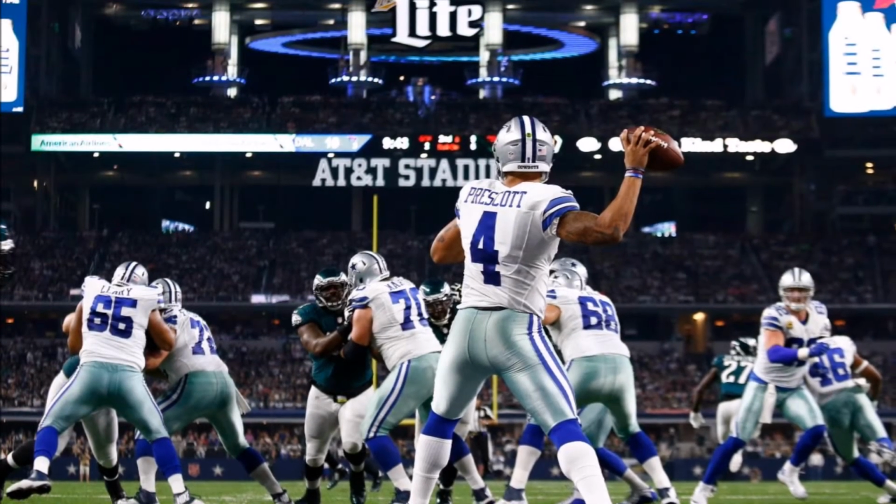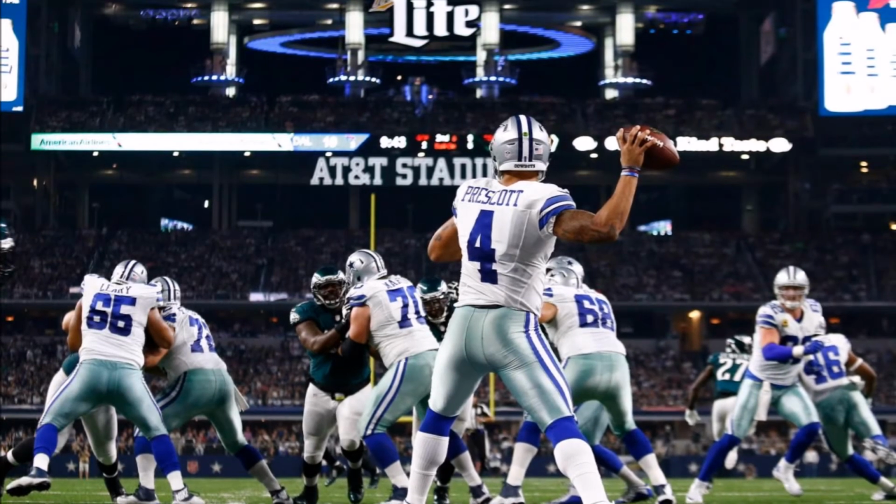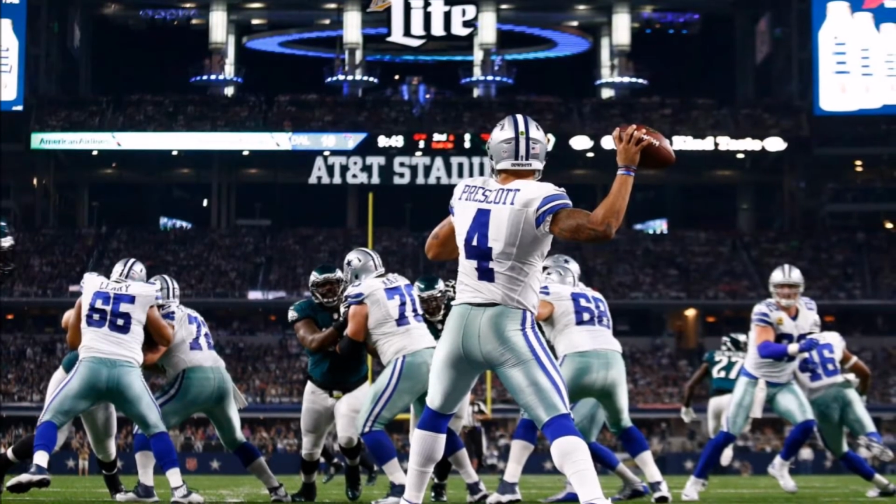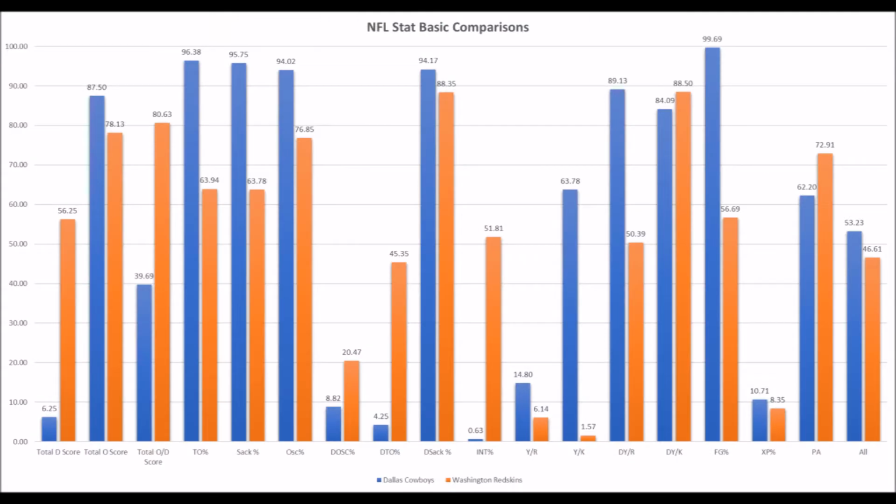So starting with this game between the Dallas Cowboys and the Washington Redskins. When you look at the NFL stat basic comparison data, and basic comparison data is just looking at how the offense is doing, how the defense is doing, how the special teams is doing, and all the other sort of information.